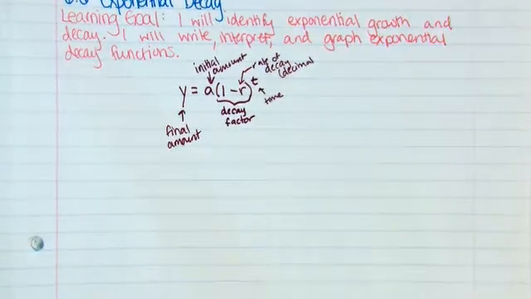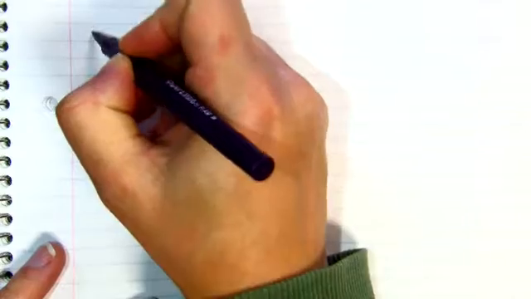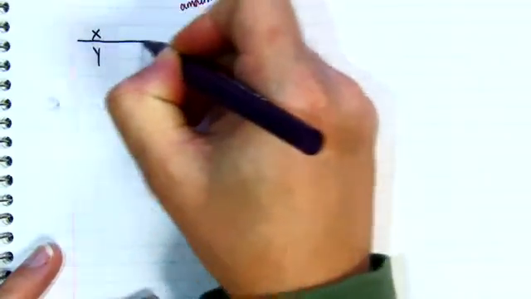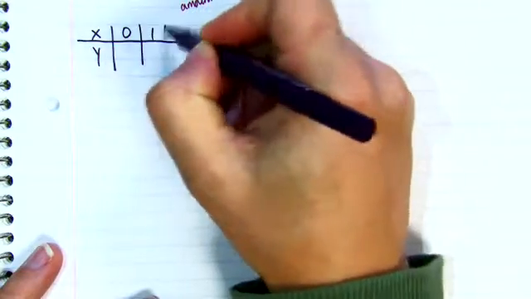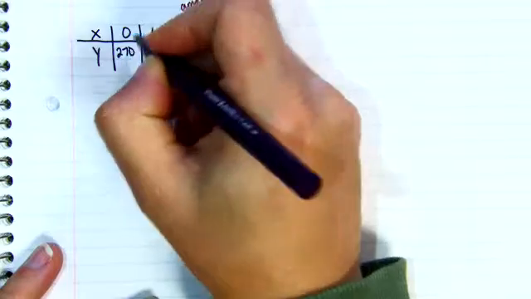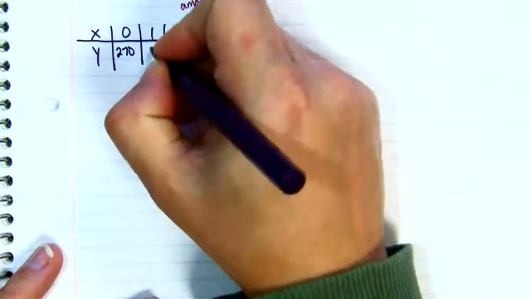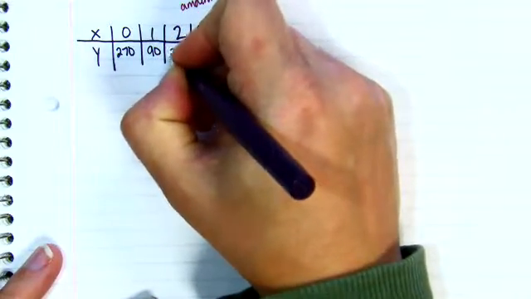To start off, we're going to look at some tables and decide if they're showing exponential growth, decay, or neither. In our first table, we have our x values 0, 1, 2, 3 and our y values 270, 90, 30, 10.